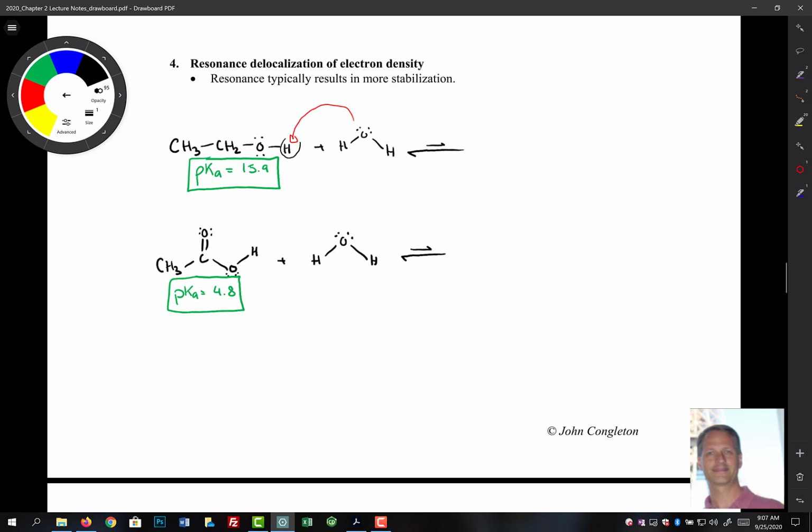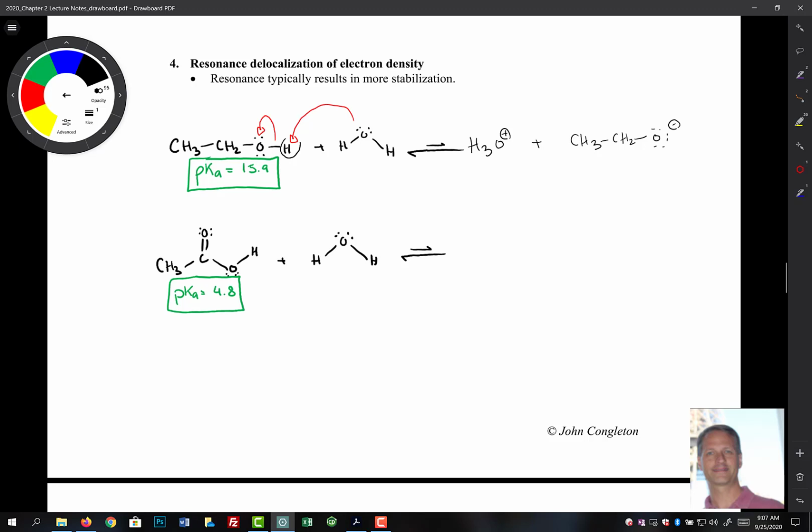As it takes that hydrogen atom, the electrons here come over and reside on oxygen. The big deal is that you know that H3O plus forms, and that we know what our conjugate base is, which is CH3CH2O minus.